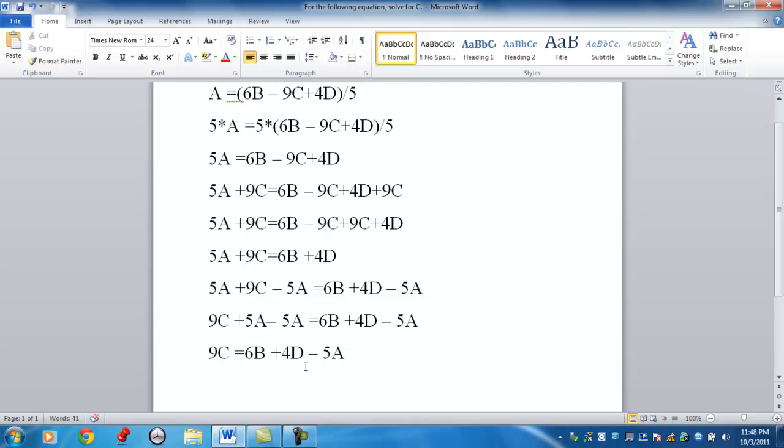I've gotten 9C by itself. Now remember, the 6B, the 4D, and the 5A are unlike terms, so I can't make this into one number. The only thing I can do at this point is get rid of the 9 in front of the C.